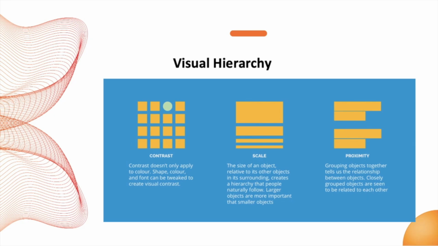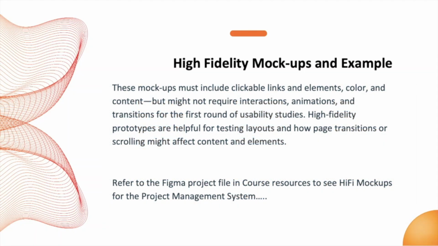So I am giving a gap of 12 pixels, for example, according to the spacing system, between two items in the same section, then I will give around 24 to 32 to 40 pixel gap between two different sections, so that the user can visually differentiate between both those sections. So this was all about the visual hierarchy part. All the UI elements, the visual hierarchy, and the contrasting and everything related to the UI part.